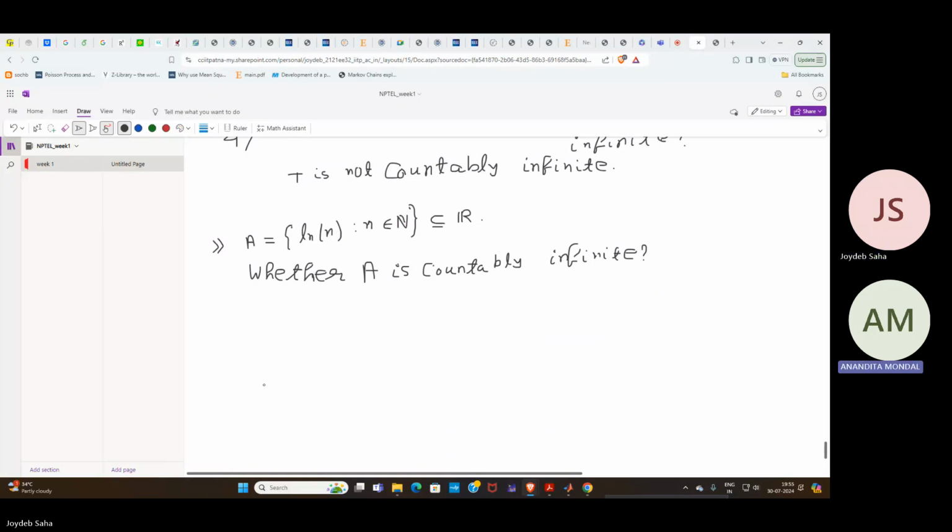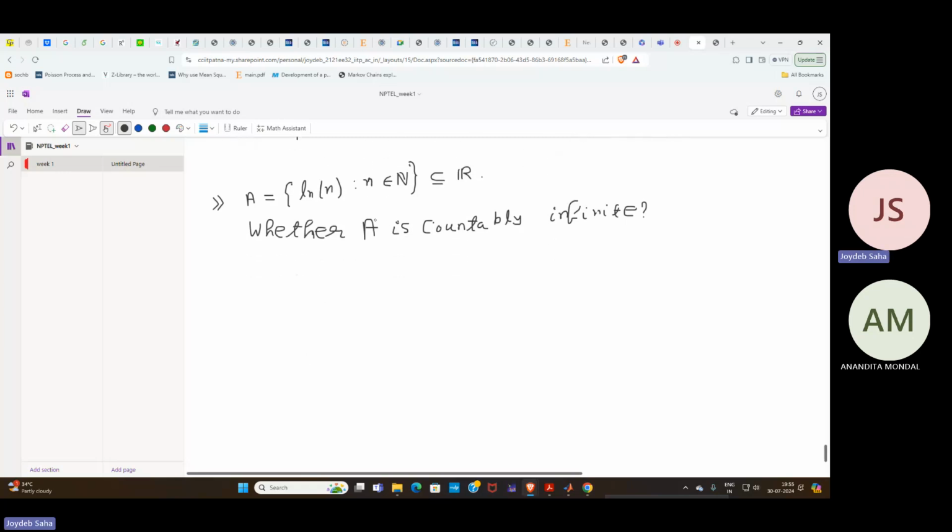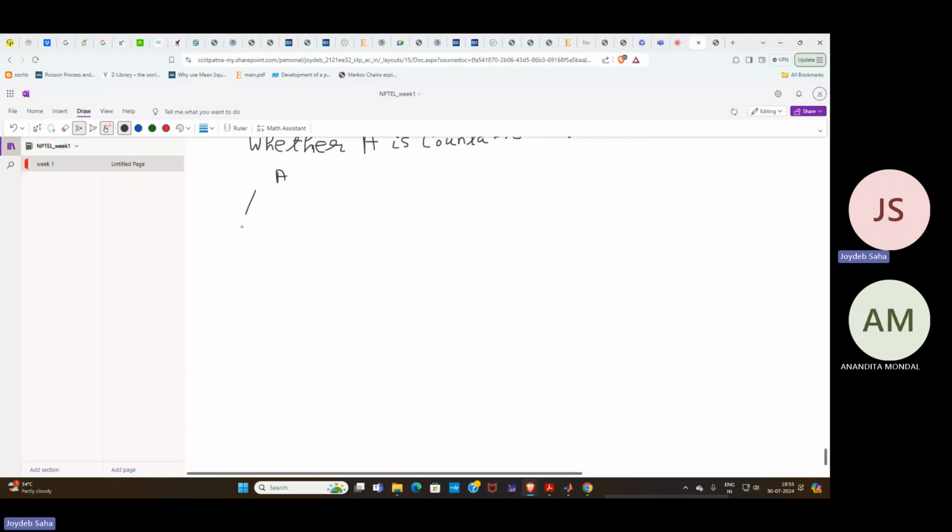Sir, is this A uncountably infinite? No. It is also countably infinite, because look, N is the set of all natural numbers, capital N, and n belongs to capital N. Now, what can be the elements of A? If we try to map, let us write in a different way.